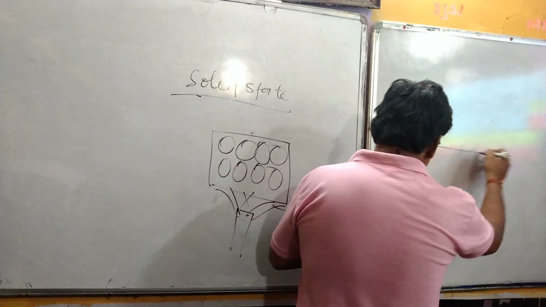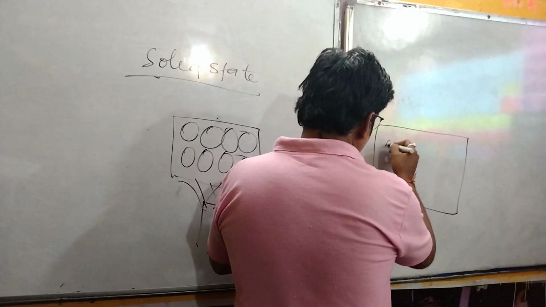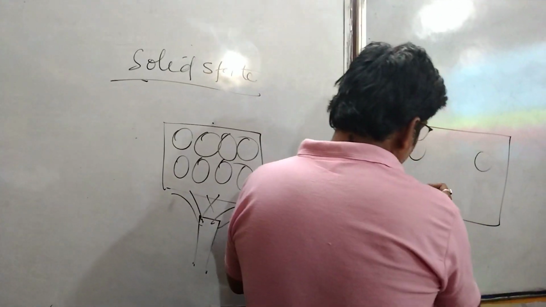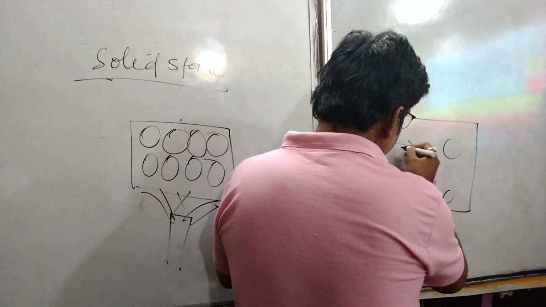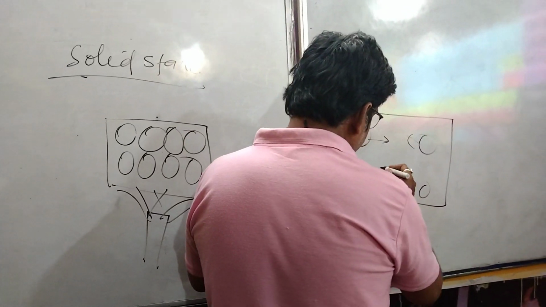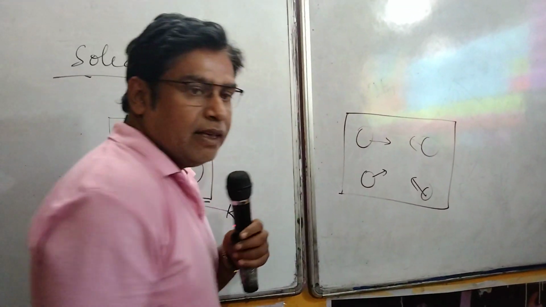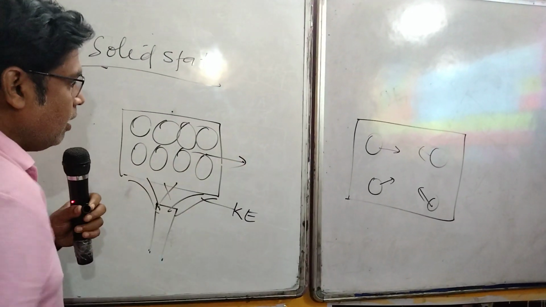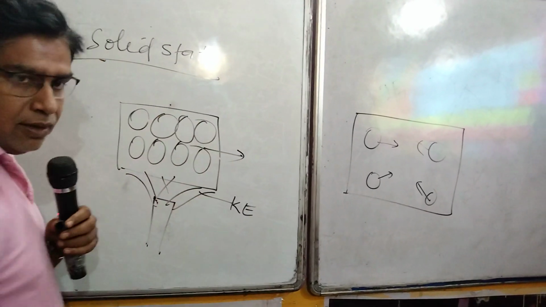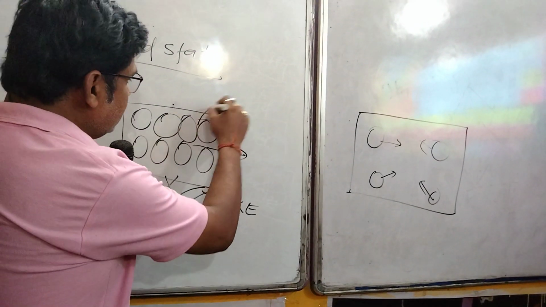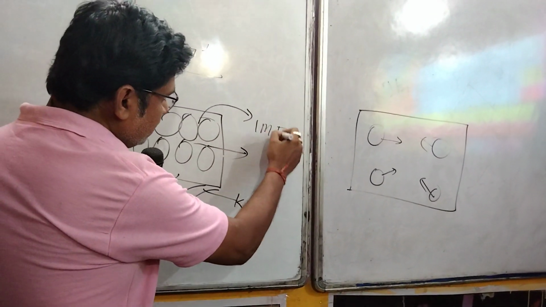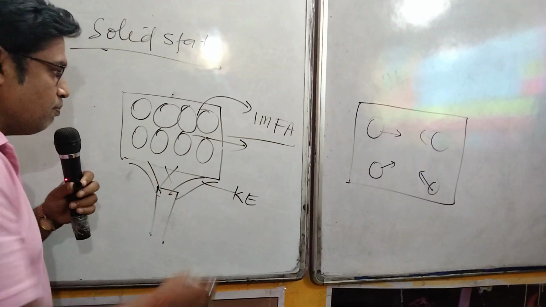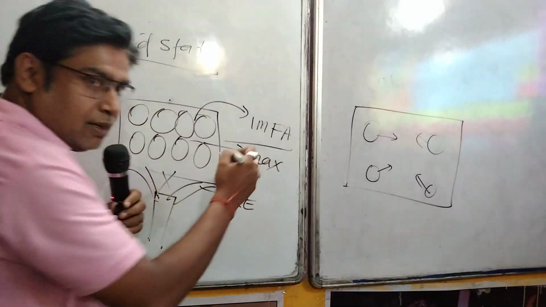In terms of kinetic theory, if you talk about liquid, the particles are a little far away. एक पार्टिकल यहाँ है तो एक पार्टिकल यहाँ है, एक यहाँ है तो यहाँ है. यहाँ पे हम दो फैक्टर्स की बात करेंगे. सॉलिड्स में अगर आप देखेंगे between two particles in a solid, the intermolecular forces of attraction IMFA is max. It is maximum.